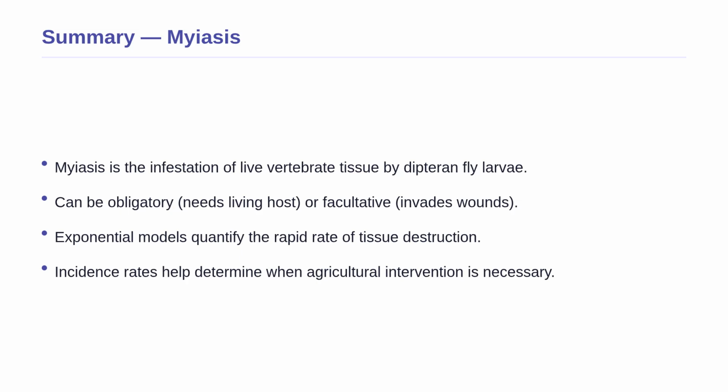Furthermore, we saw how mathematical models, like exponential growth, allow us to quantify the terrifying speed of tissue damage. Finally, calculating incidence rates helps epidemiologists and farmers track the spread and implement critical pest management strategies.